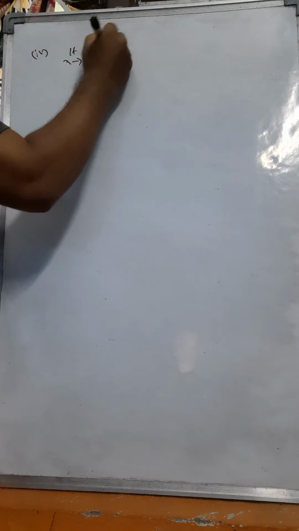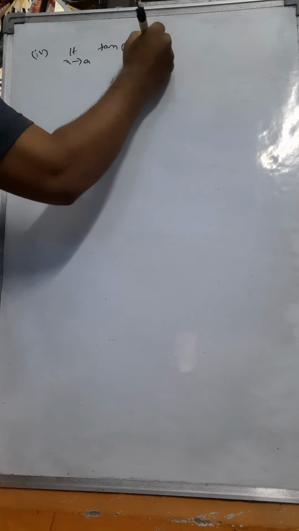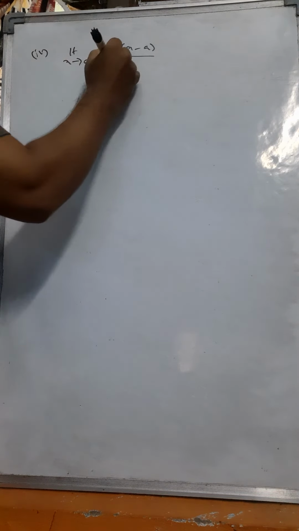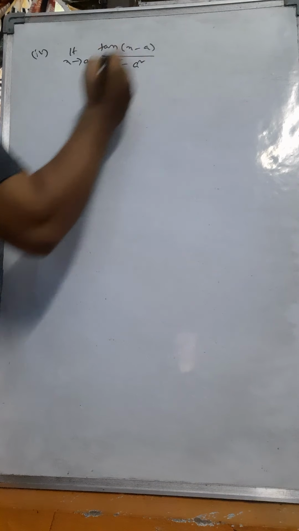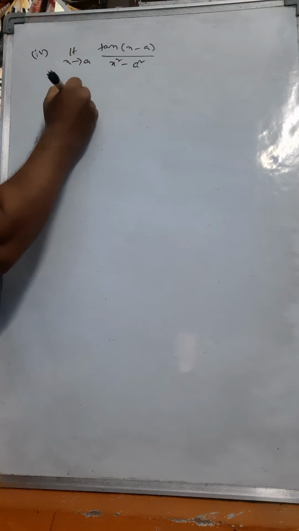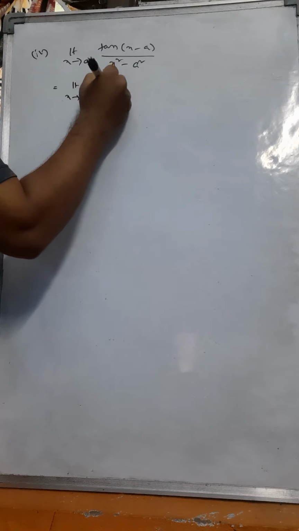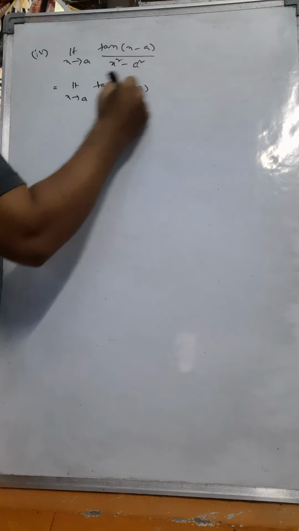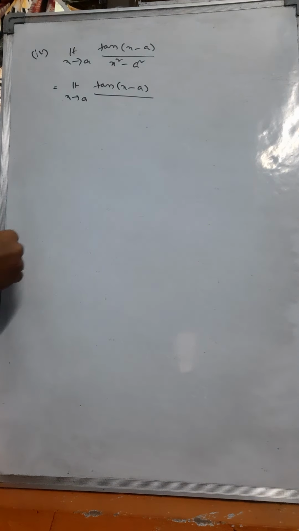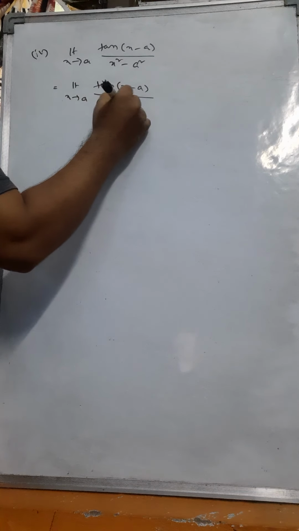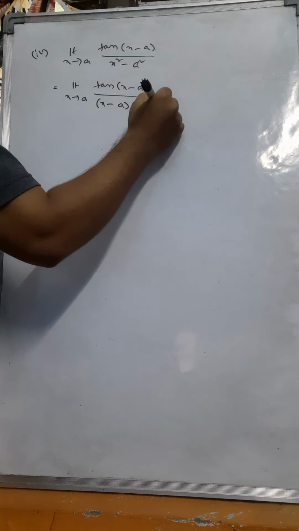Now the fourth problem. Limit x tends to a of (tan x minus a) by (x square minus a square). It can be written as limit x tends to a of (tan x minus a) by (x square minus a square), and we can write x square minus a square as (x minus a) into (x plus a).